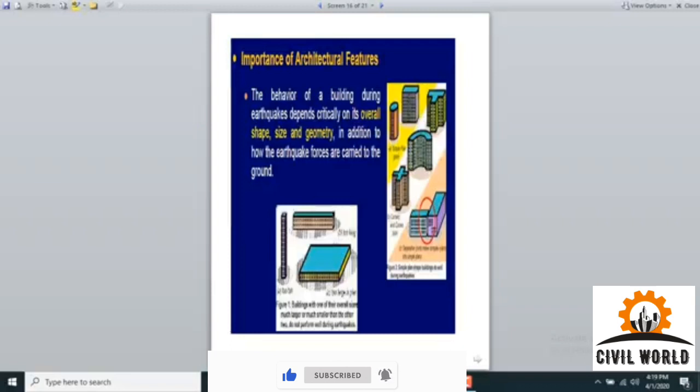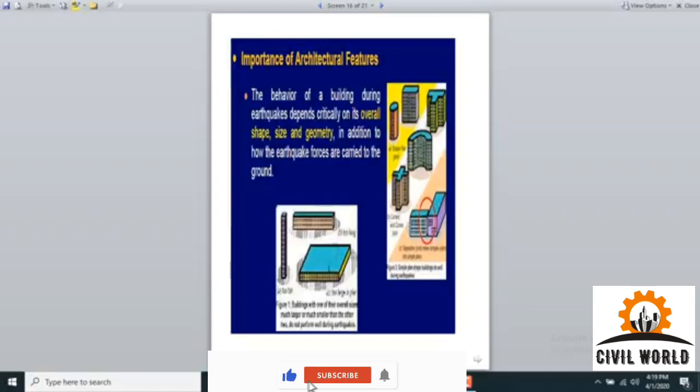Now this structure, you can see, is more in length along the x-axis than on the y-axis. So this structure can have a greater sway when there is an earthquake. To reduce that, we need to break it somewhere in the center. We have to introduce a structural joint here so that the intensity of the earthquake along the base can be reduced.